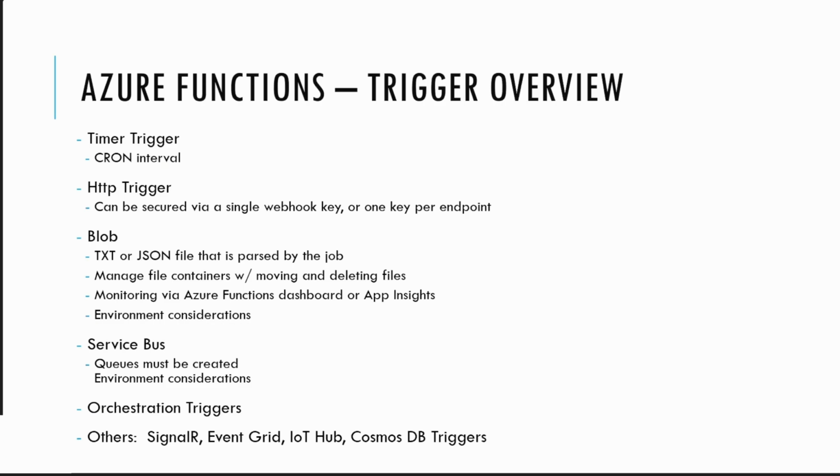There's also orchestration triggers. Orchestration triggers are a bit more of an advanced trigger. Orchestration triggers, also known as durable functions, allow you to do some more advanced functionality for long-running jobs. That would be a use case where if you expect something to take more than 10, 15 minutes, I think it may even be up to 30 minutes.